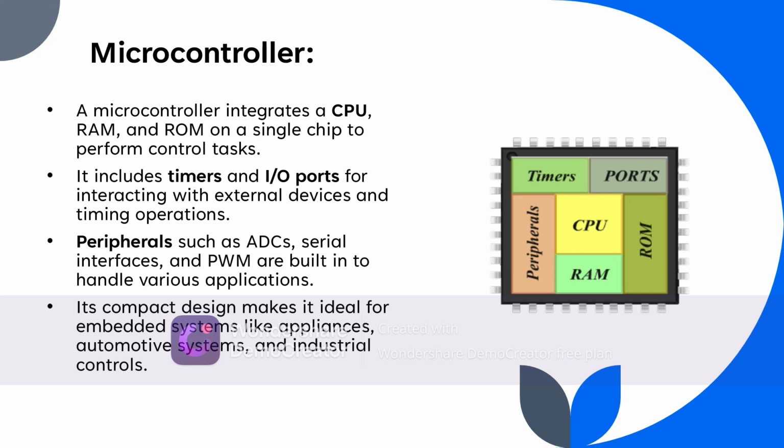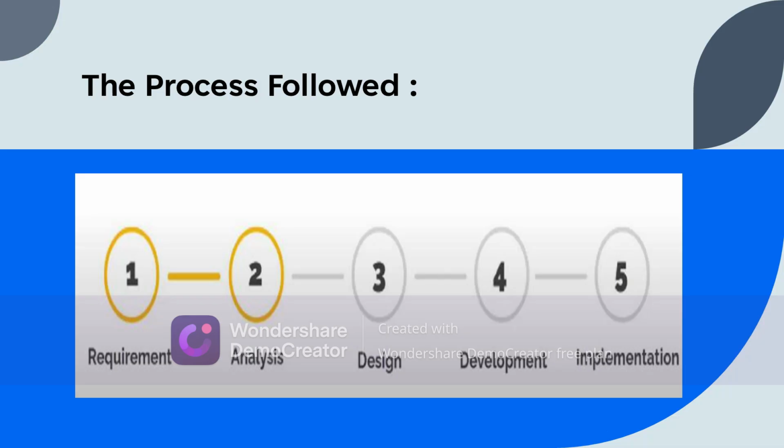We have several peripherals like ADC, serial interfaces, and PWM, which are built to handle various applications. And its compact design makes it ideal for embedded systems like appliances, automotive systems, and industrial controls.